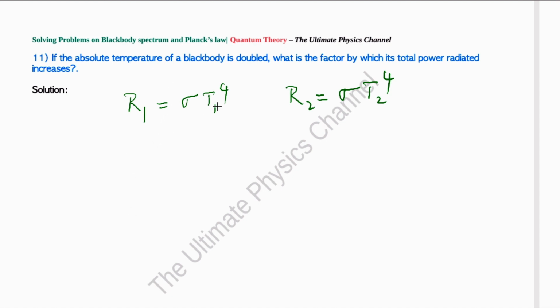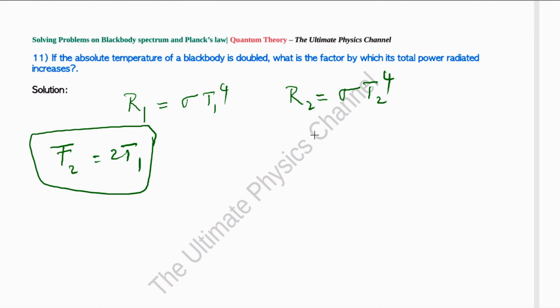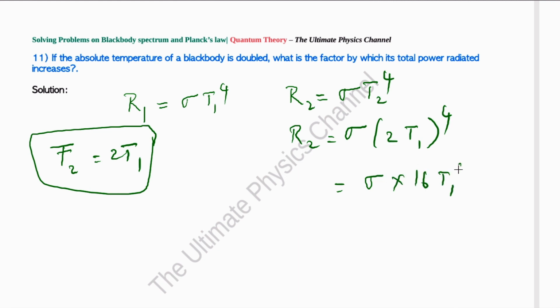Temperature is doubled, so T2 is 2 times T1. In this equation, if you plug that in, R2 would be equal to sigma times 2 T1 power 4, that is sigma times 16, since 2 power 4 is 16, times T1 power 4.